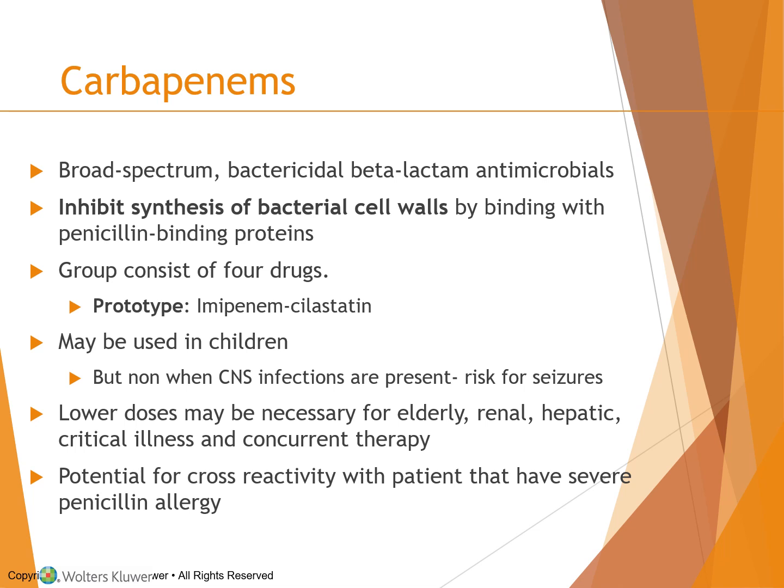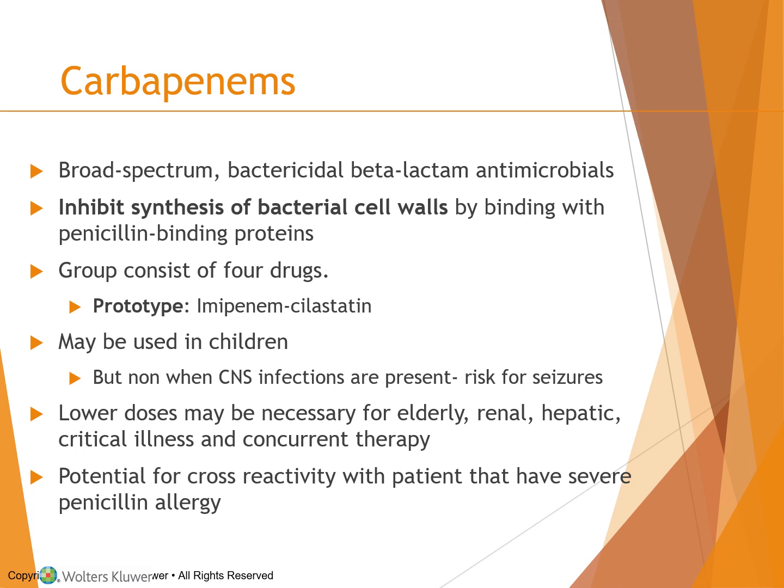This group is going to consist of 4 drugs. The prototype for this class, guys, is imipenem-cilastatin. This one may be used in children, but not when CNS infections are present, because there is a risk for seizures.